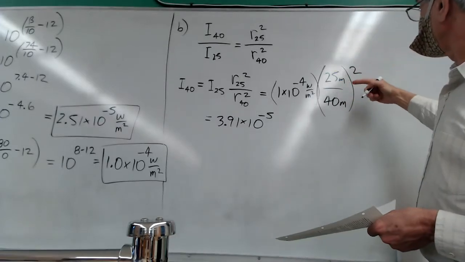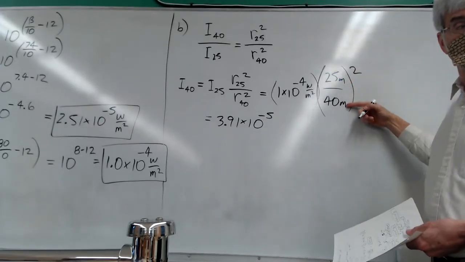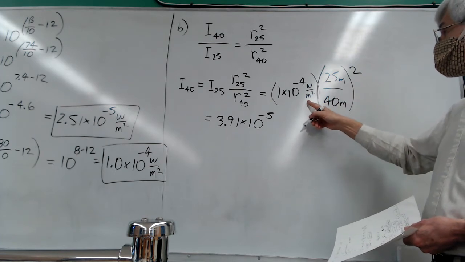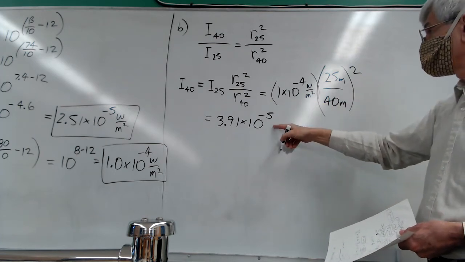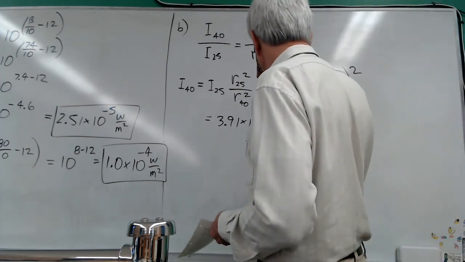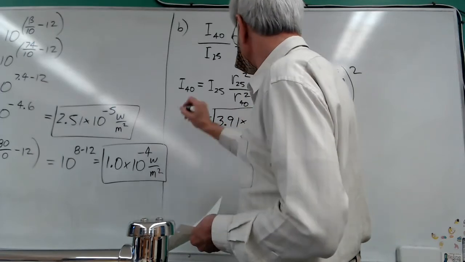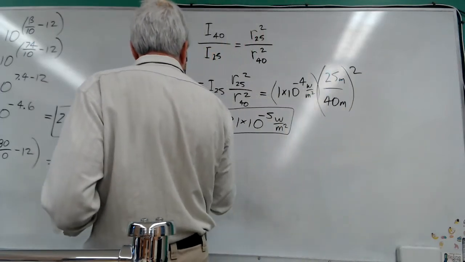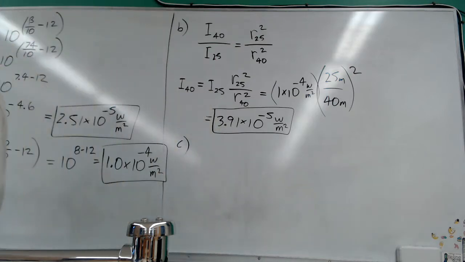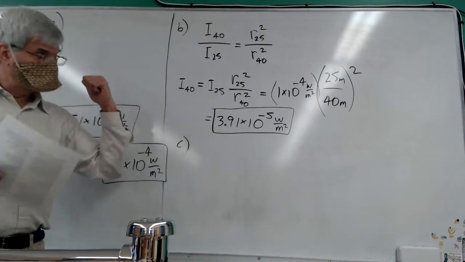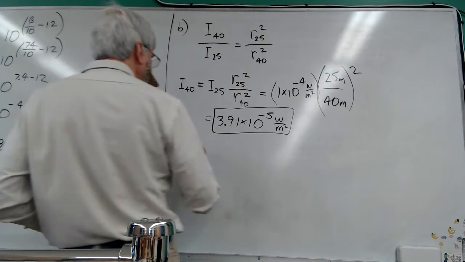As far as the units, meters here cancels with meters there, leaving you with something dimensionless. Whatever unit you've got on I25 will be the unit that's on I40. And then finally, what's the sound level? Well, then you take this number and stick it back in the formula for the number of decibels.